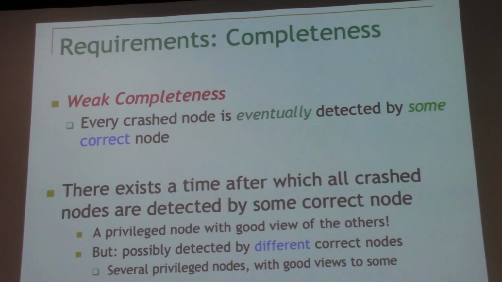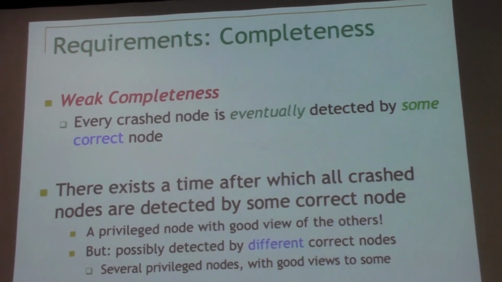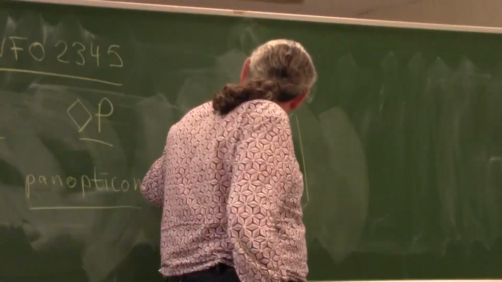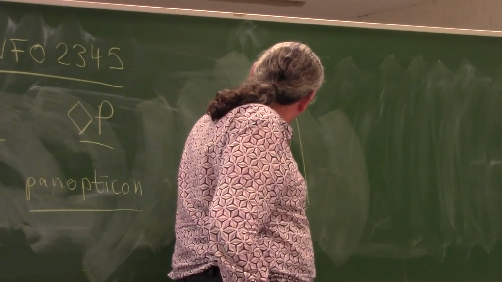it's important to get good intuition. The intuition on this is something called a panopticon. Have you ever heard of this? You can look it up on Wikipedia. A panopticon is a weird kind of invention. It's a prism, which is like a cylinder, and you have all these prison cells around it.